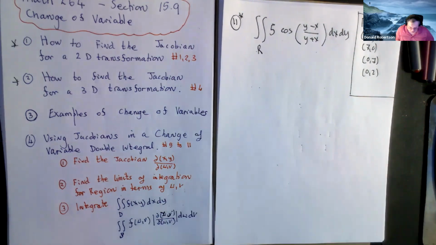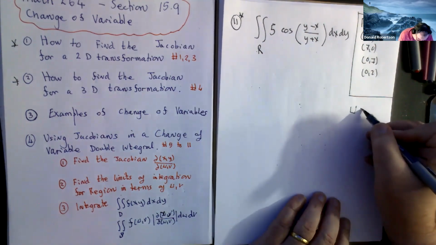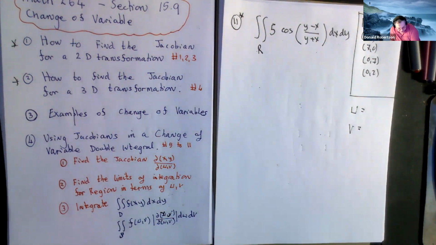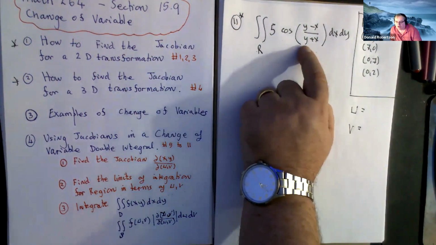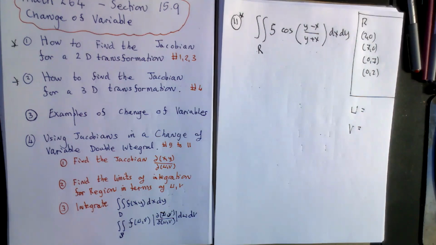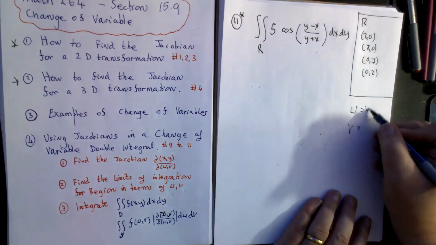I need a u and a v. I am looking at this equation and I'm thinking to myself, this is my clue. So where do you think I might be going for my 2 substitutions? Y minus x and y plus x.